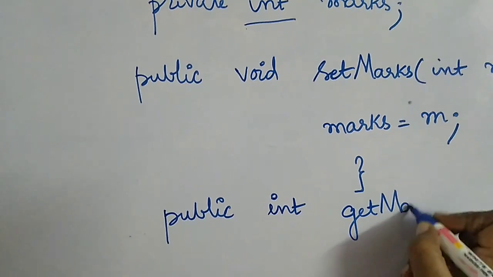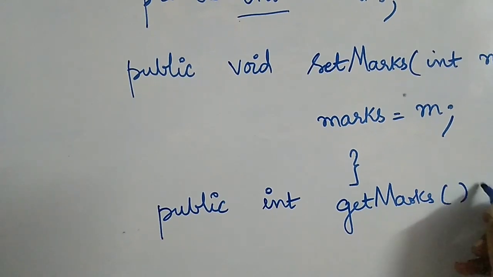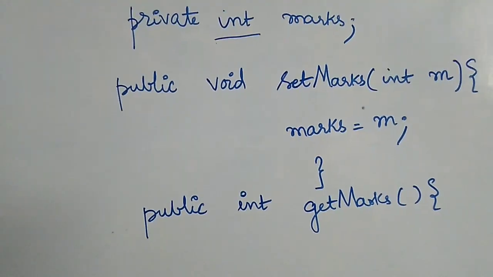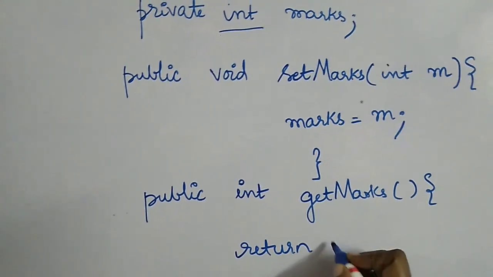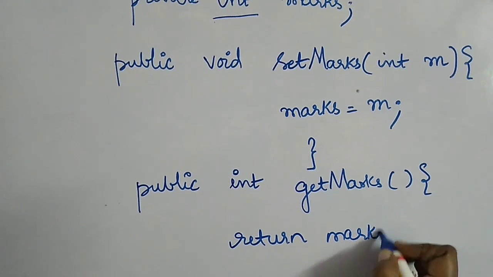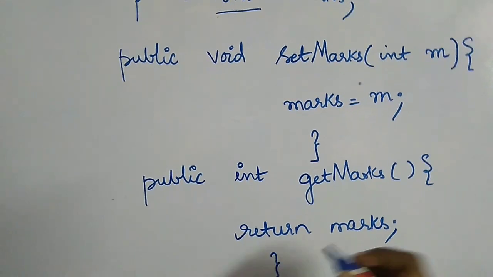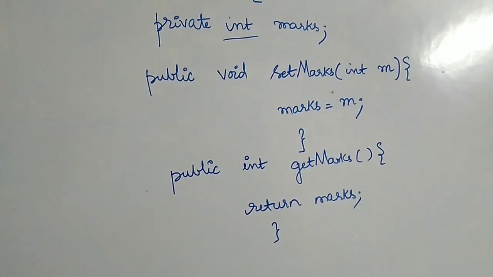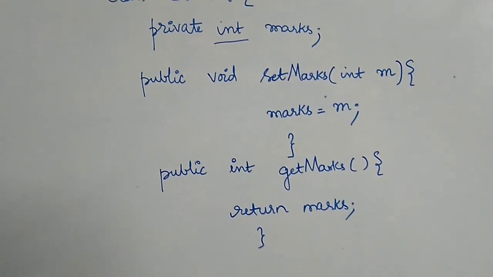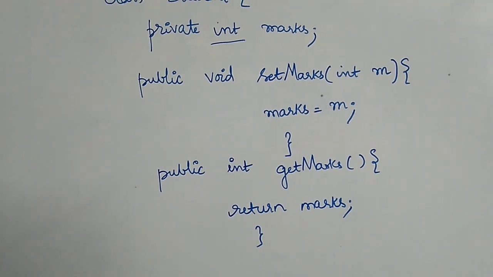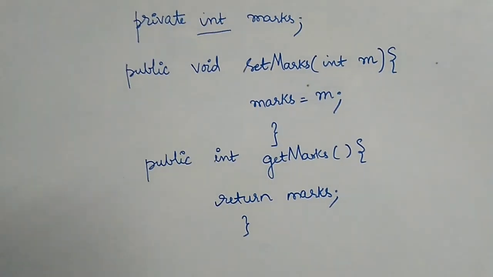It is getMarks, and there won't be any parameters inside it because it will just return the marks. Herein we are saying return marks. By using the get method, we will be able to retrieve the marks, and by using setMarks, we will be able to set the marks. So this is how the private members are accessed.